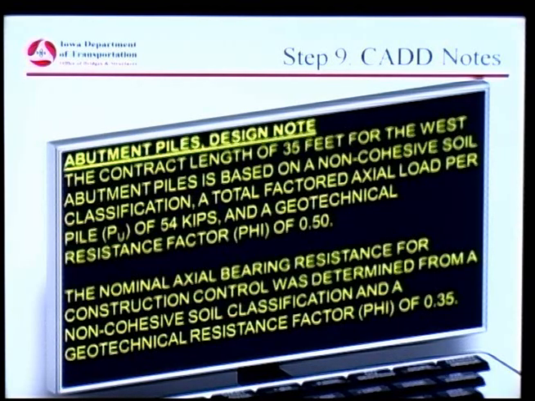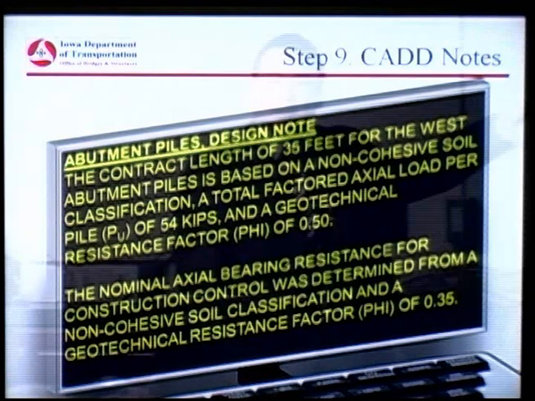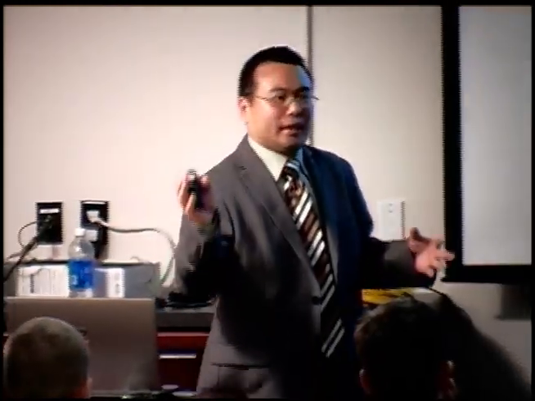It is good practice to put all this information on the plan, because 5, 10, or 20 years later somebody may want to read back and understand the design. These are the important pieces of information shown on the plan. For a replacement of bridges, you want to understand whether the earlier foundation design can be used for the new structures.